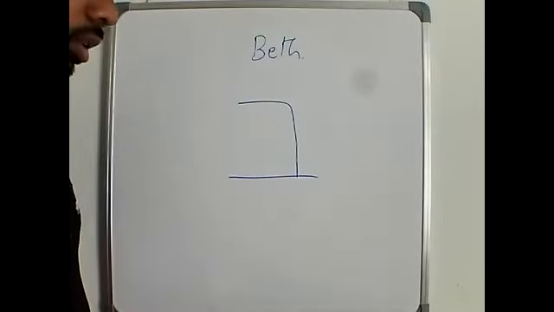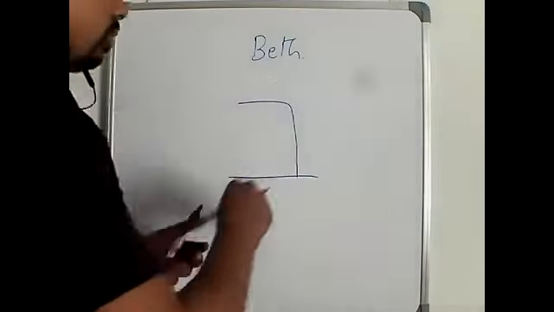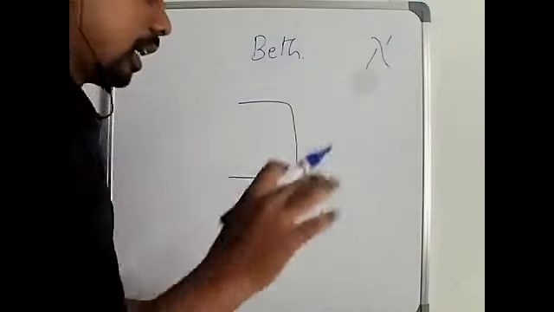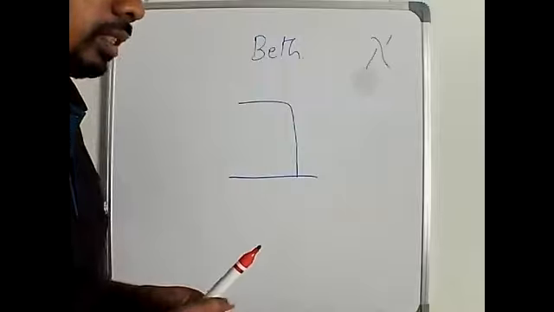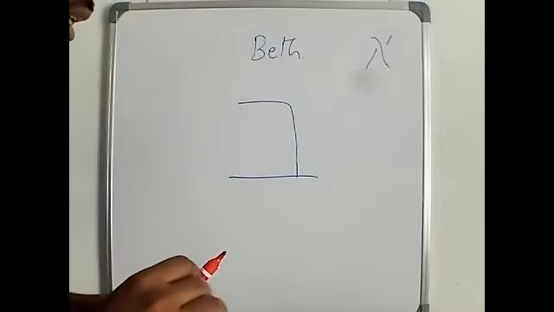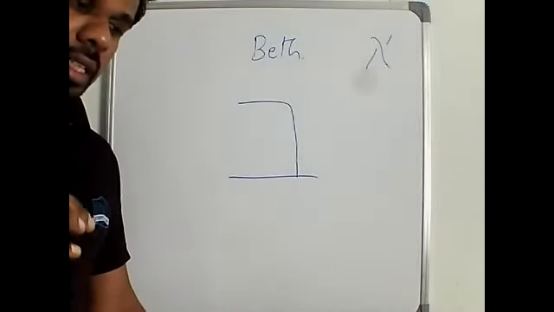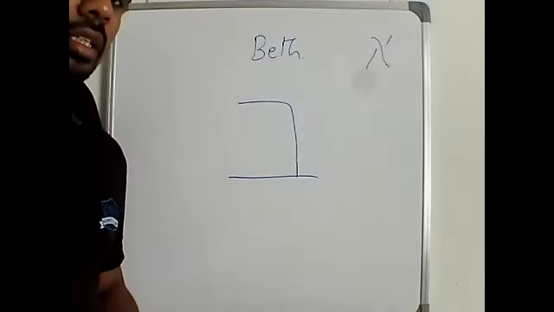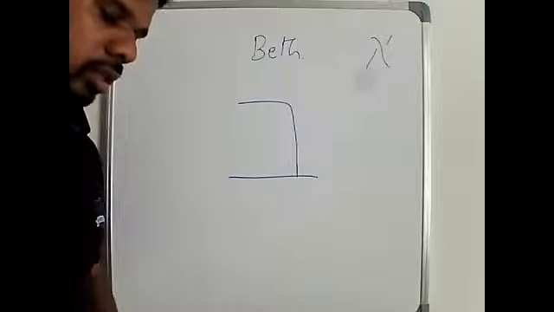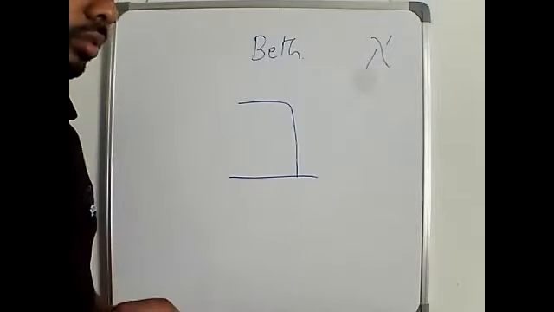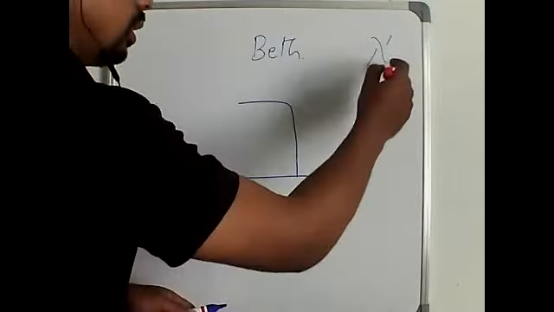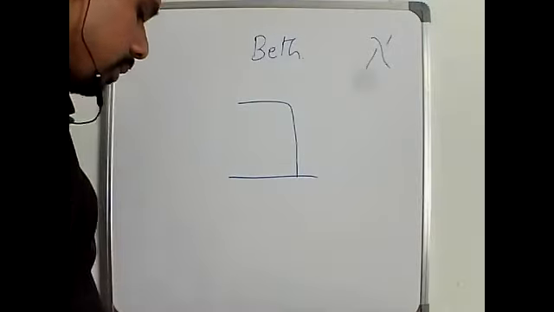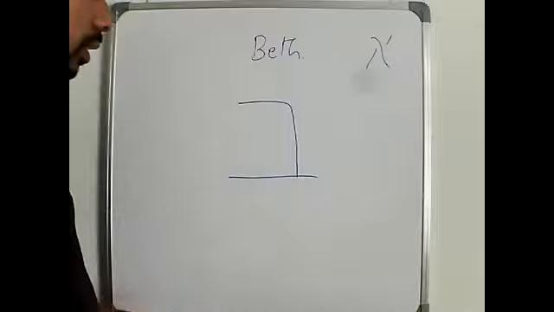So, the first letter, Aleph, doesn't have any sound. Please keep that in your mind. The name of the letter is Aleph, but when it comes in a word, it doesn't have any sound at all. So the Aleph doesn't have any sound, and the next letter, Beit.